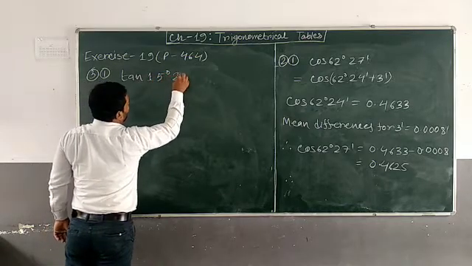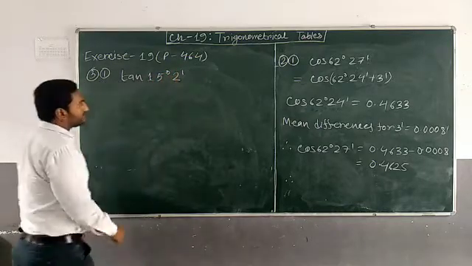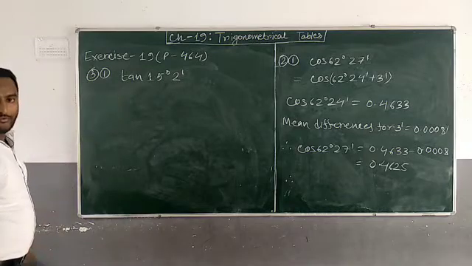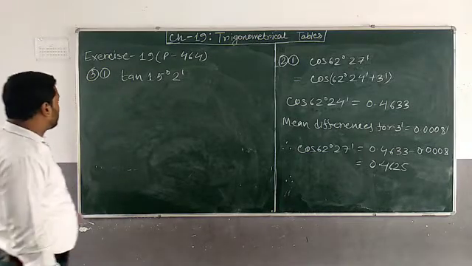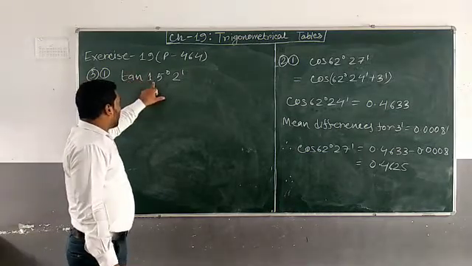So you have to find the value of the trigonometric ratio tan 15 degree 2 minutes.